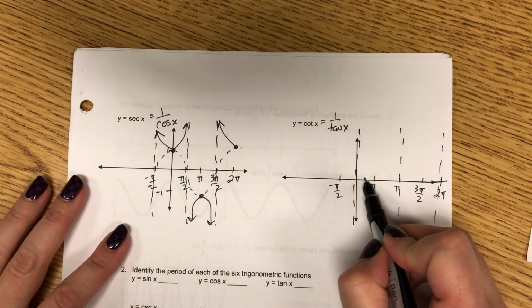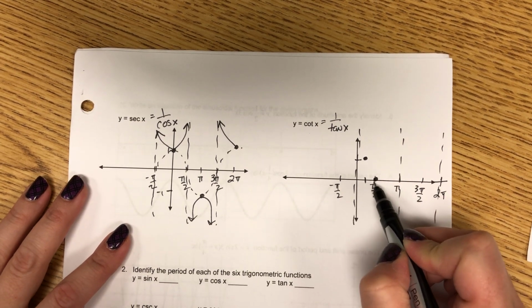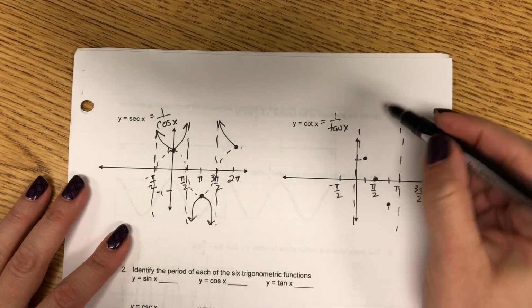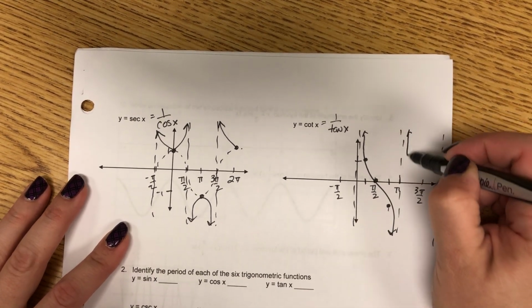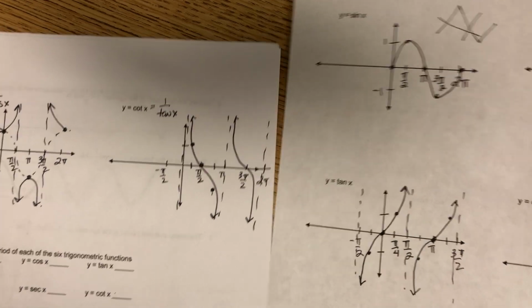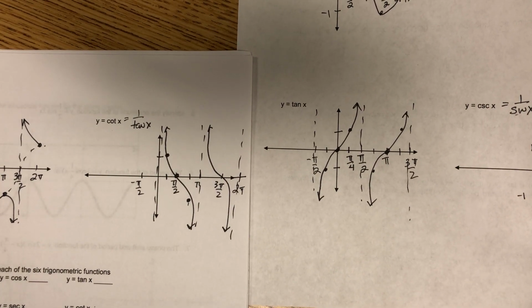And cotangent of pi/4 is +1. Pi/2, it's 0. There, it's -1. And we still get this same shape, but curved in the other direction. So you can see there's the difference between cotangent and tangent.